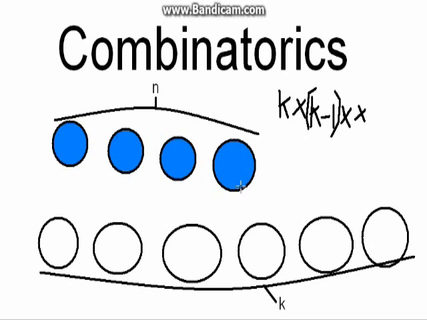The first ball went in k times, but the second ball went in k minus 1 times. So whatever ball number it is, you subtract one less than that from k. If it was the 100th ball, it would go in k minus 99 times.